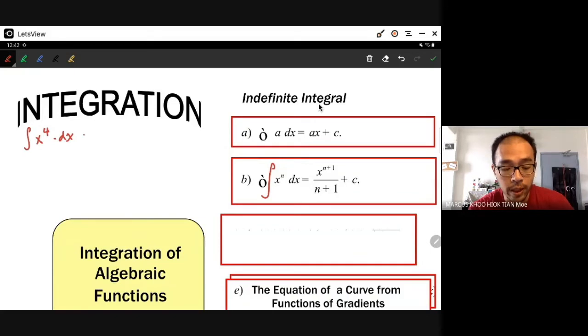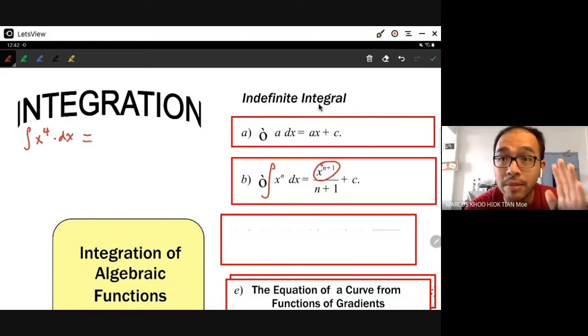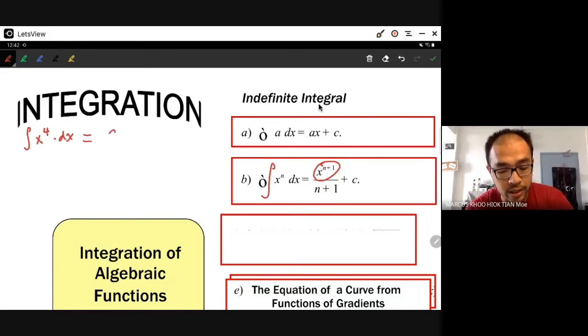So what happens here is, the power will increase by 1, and that's the most important thing. The power must increase. So it's x to the power of 5 over n plus 1, which is the same number, over 5. And because it is an indefinite integral, we add c.